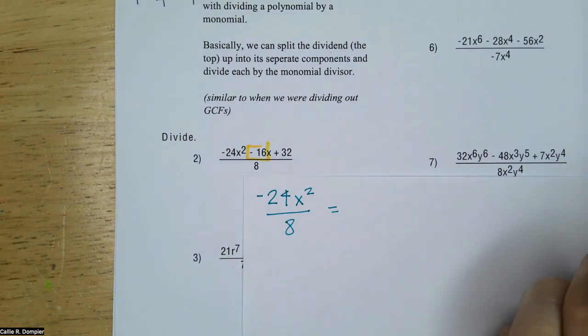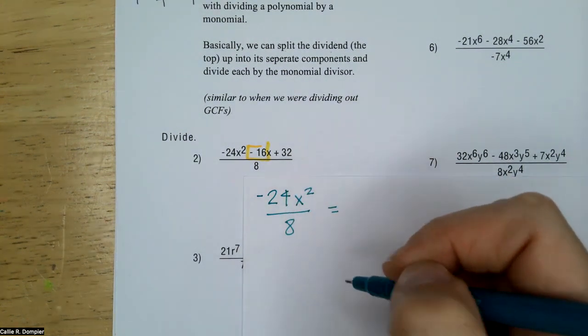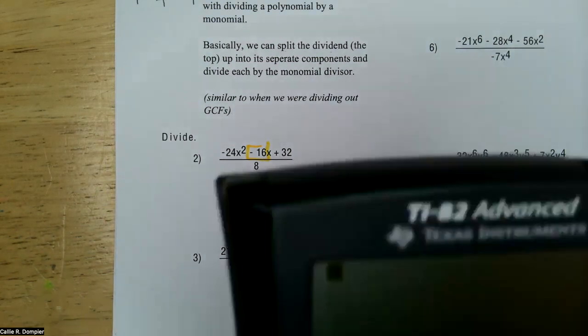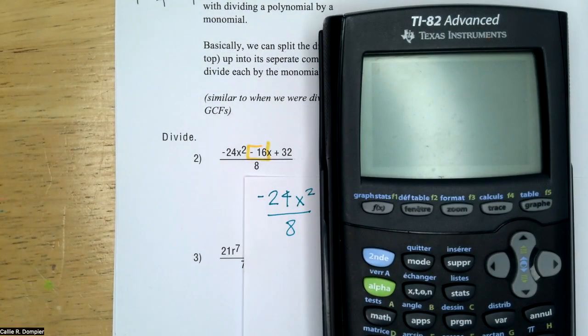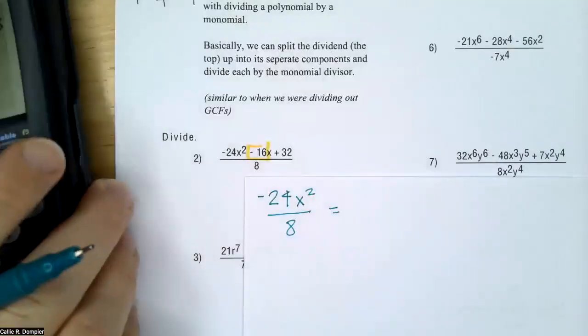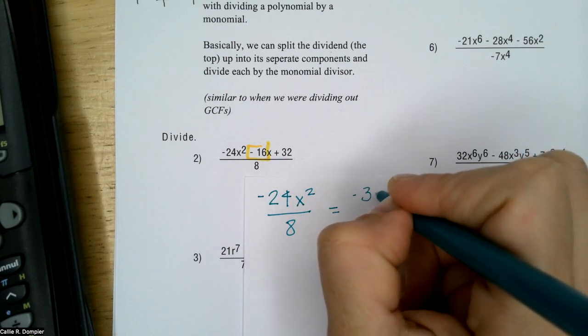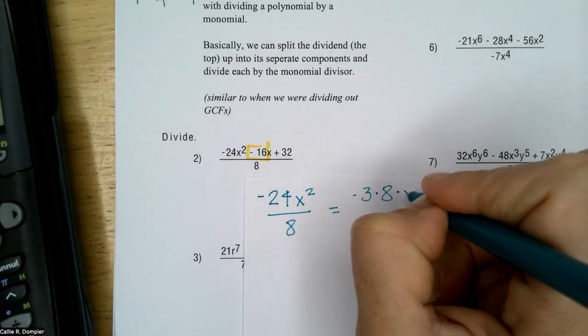If I take negative 24, does it divide by 8? That's always something to try. Negative 24 divided by 8, if it gives you a whole number, perfect. It does, because negative 24 is also negative 3 times a positive 8.